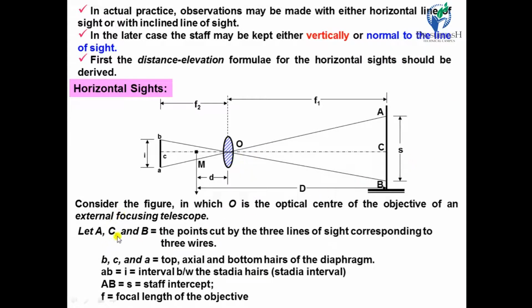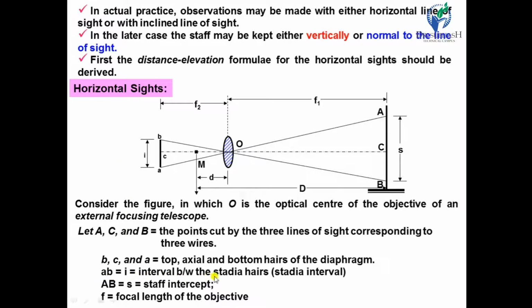Now A, C and B are the points cut by the three lines of sight corresponding to the three wires. Small b, c and a are the top, axial and bottom hairs of the diaphragm, because as per the lens principle we see the picture inverted.